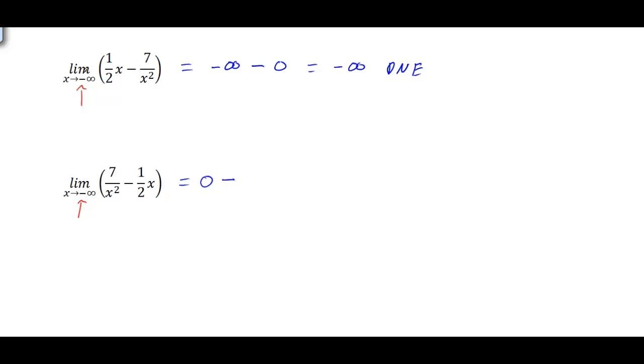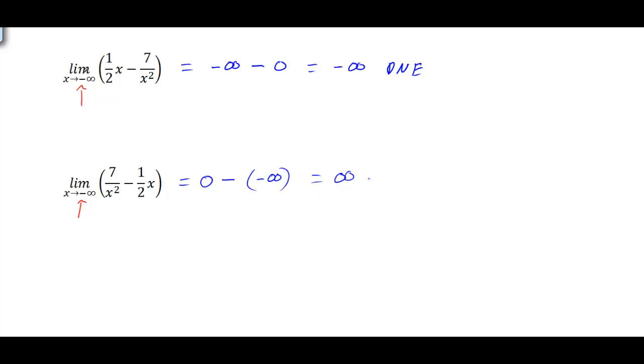And then it's minus 1/2 x. Well, from above, we know that 1/2 x, if we plug in negative infinity, is going to a negative infinity. Now, we're looking at the whole expression here, so that means we would have 0 minus a negative infinity, and the two negatives here would make this positive infinity.